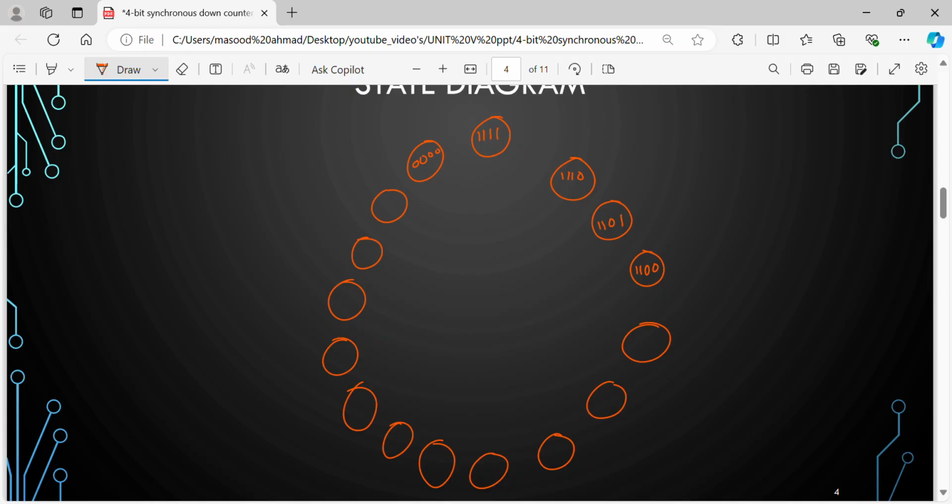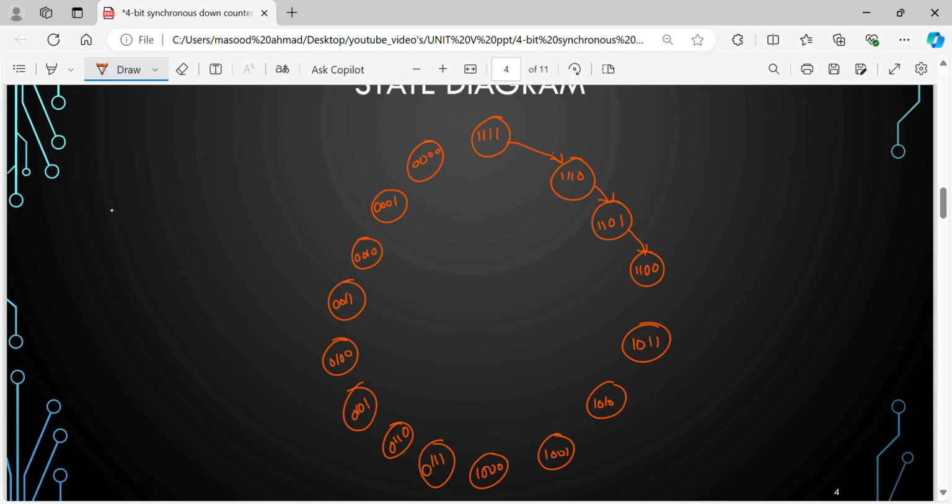So it will be 0001, 0010, 0011, 0100, 0101, 0110, 0111, and then 1000, 1001, 1010, 1011. So from this present state, it will go to this next state. This is the next state.